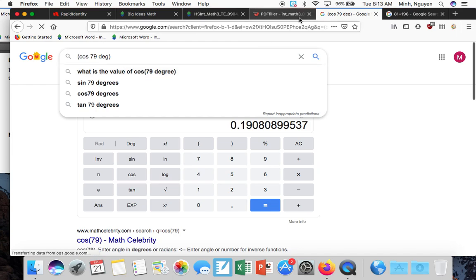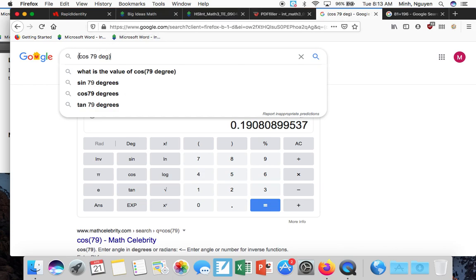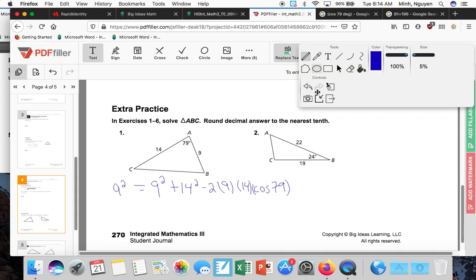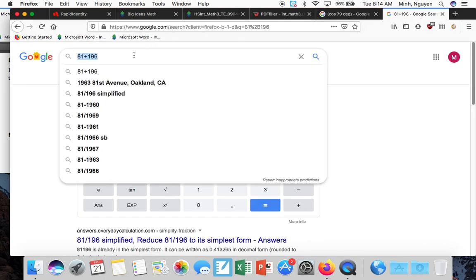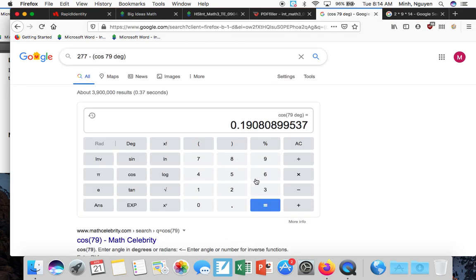So, I add these two together. So 277, or I should say 277 minus 2 times 9 times 14. 2 times 9 times 14 is 252, times cosine 79 is 48.083866.